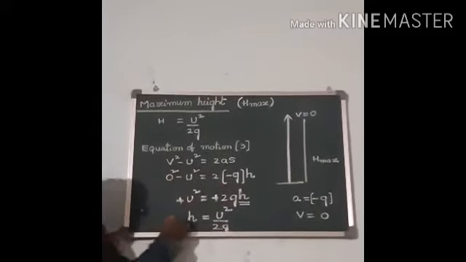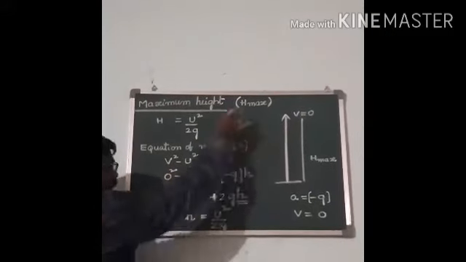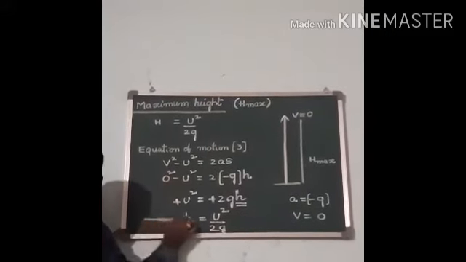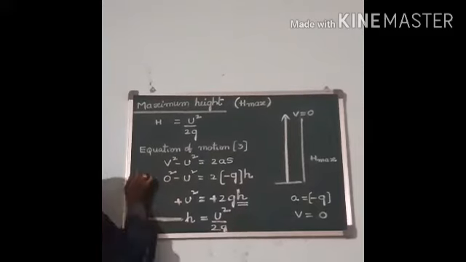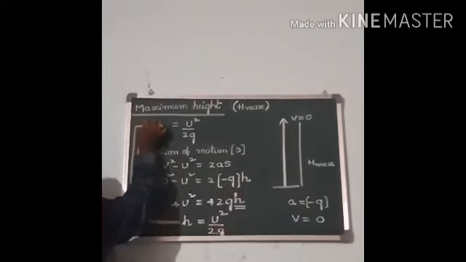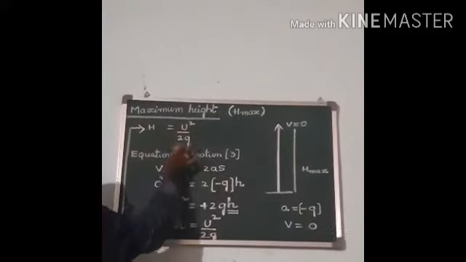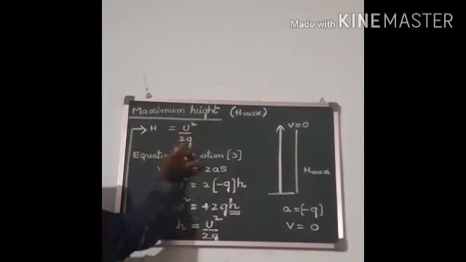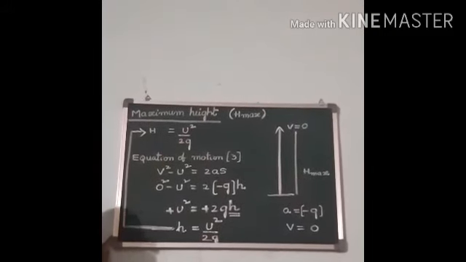This is nothing but the maximum height reached. The equation we obtained is h equal to u square by 2g, where u is initial velocity and g means acceleration due to gravity.